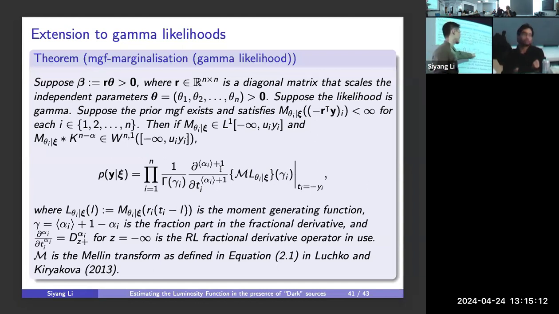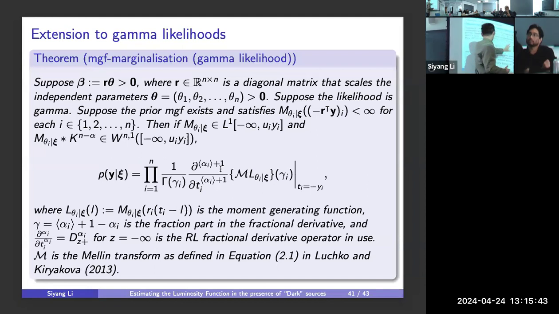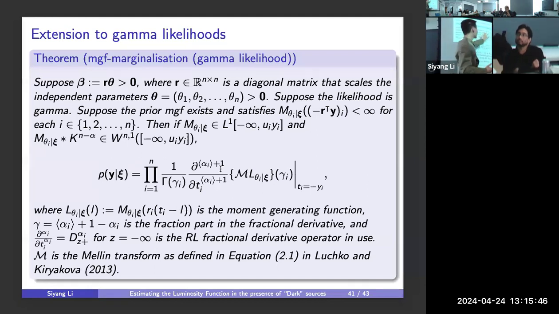This here denotes an integer that's very close to the alpha parameter, the shape parameter. Because the order of the fractional integrals may not commute, the assumptions for this result to hold are slightly more strict than for the Poisson likelihood. Now we had to assume that the population of the theta parameters is independent of each other.